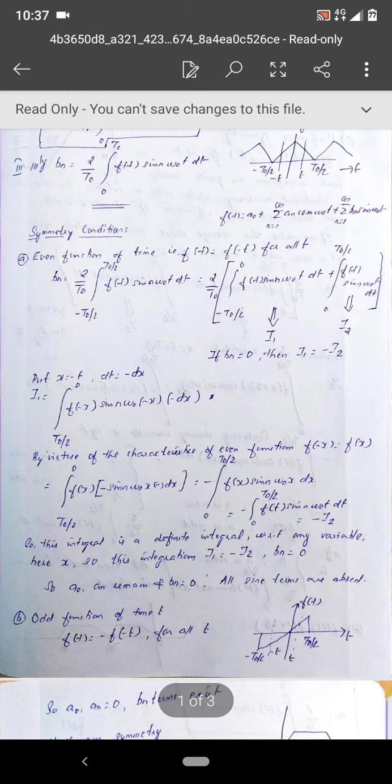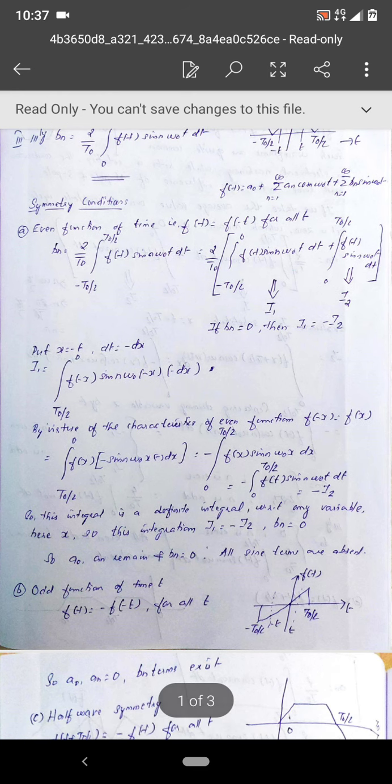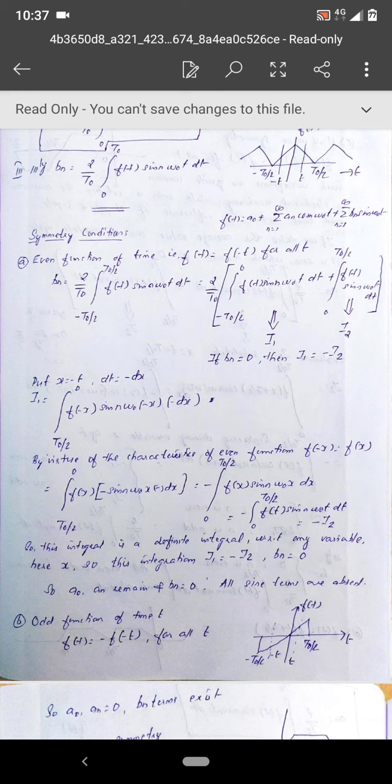And many times a question arises: whether we should find a naught, an, and bn for every problem, or is there any situation where bn is 0, or a naught and an are 0? If we can predetermine that some coefficients are 0, then why should we calculate them?